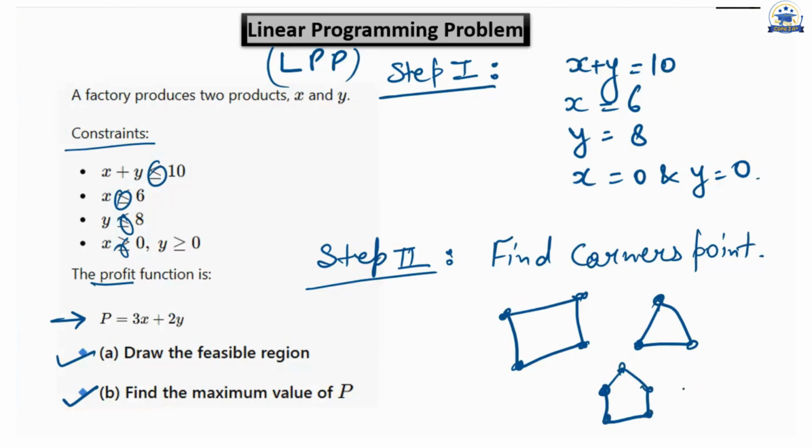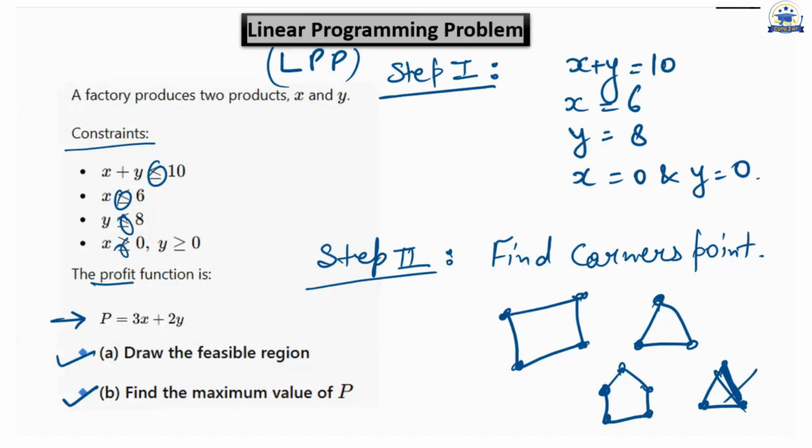Bounded means covered by all 3 sides, 4 sides, 5 sides, etc. Right? It could not be like this. Not in this case. So we cannot say there are 2 corner points. Why? Because it is not covering this side. Okay. So it must be a bounded surface. Bounded means covered by all sides, all 3 sides, 4, 5, 6, and so on.